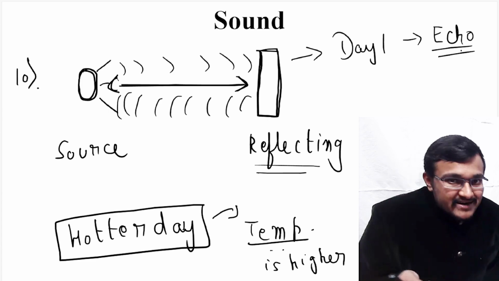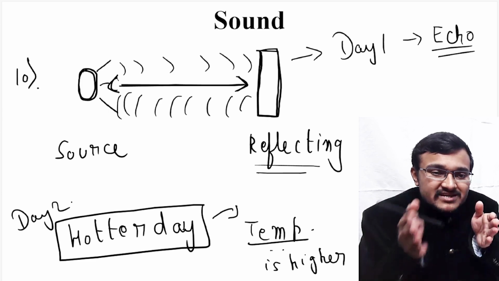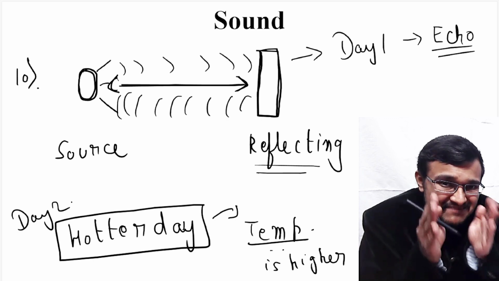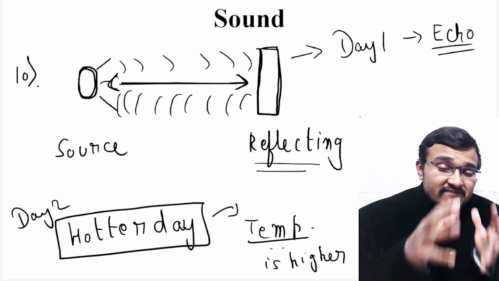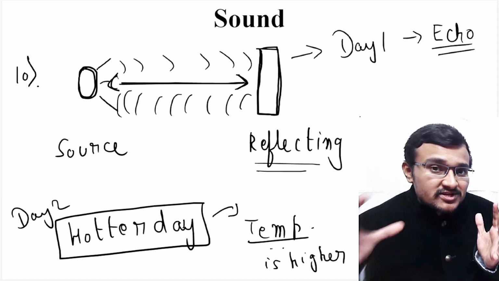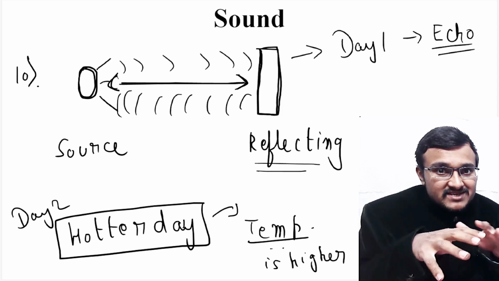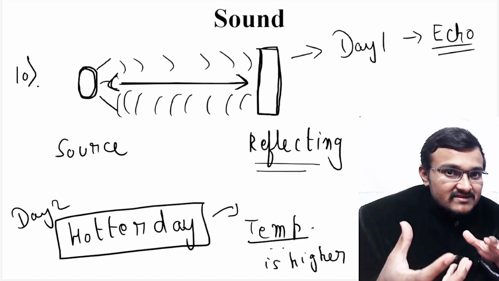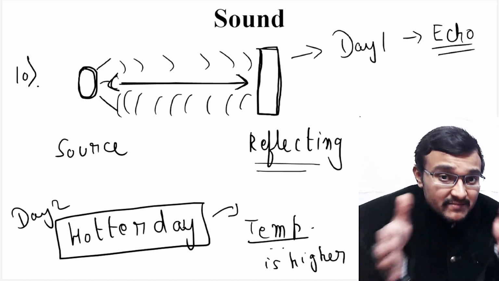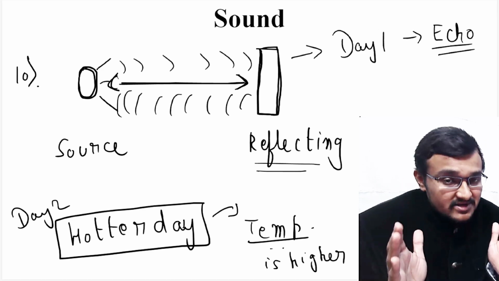Now on a hotter day, let's say day 2, the source and reflecting surface are kept at the same distance. When the sound travels from the source to the reflecting surface and comes back, the distance it covers is the same as day 1, which was the minimum distance to hear the echo.